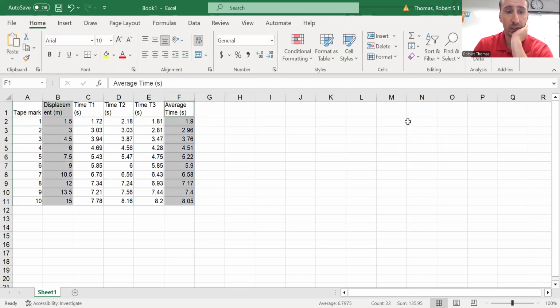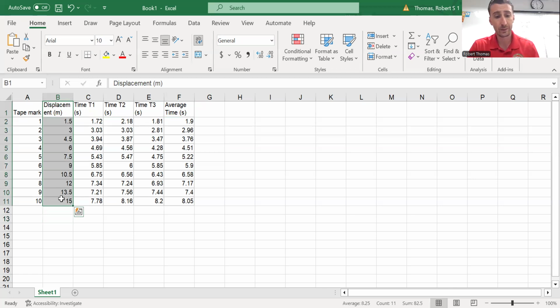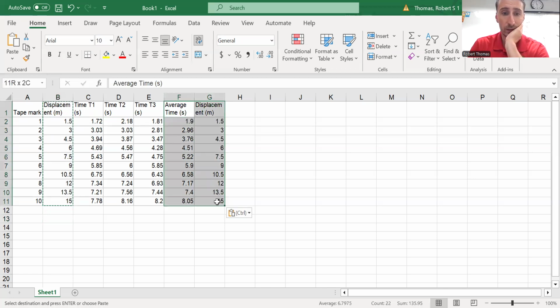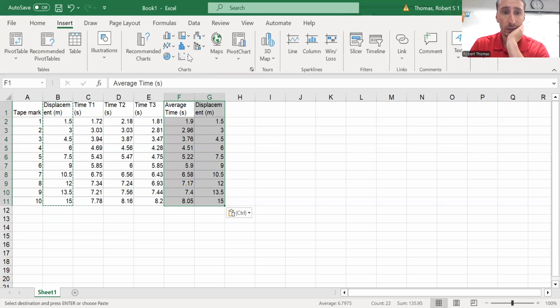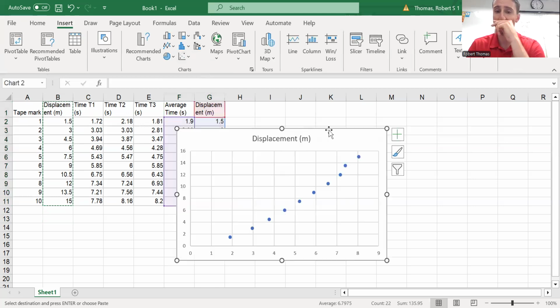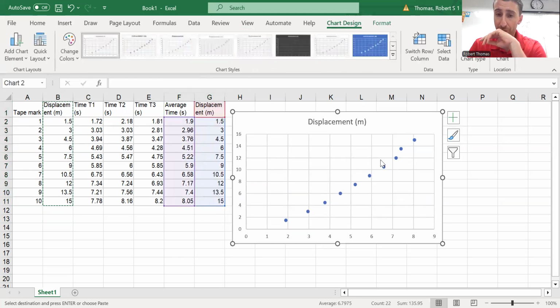So what I'll do here is copy this and paste it right there. So I can select this first and then do insert scatter. Okay. So if I look at this graph, you can kind of see its curve, right?